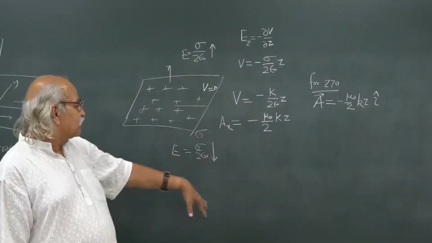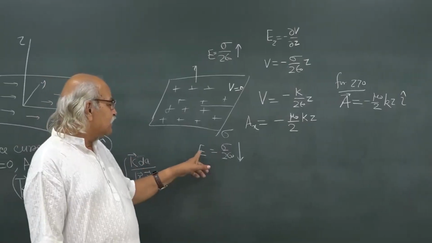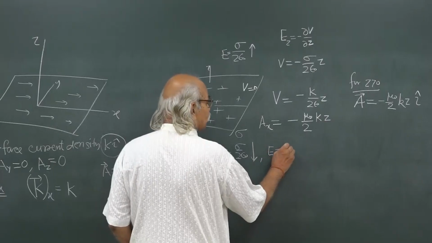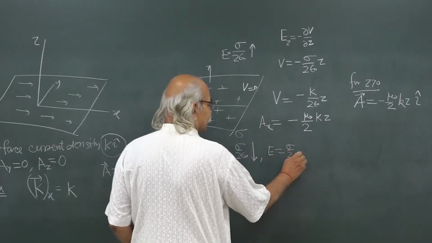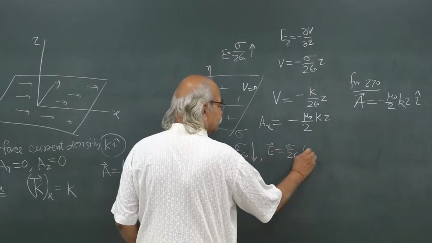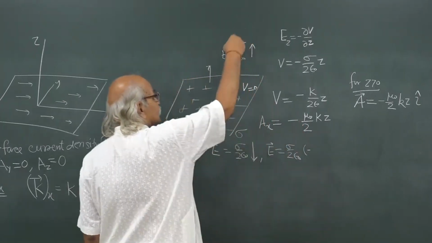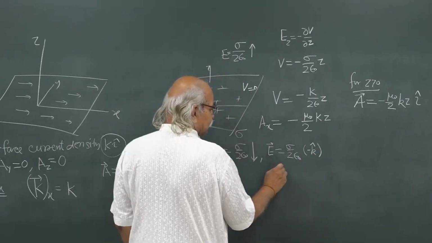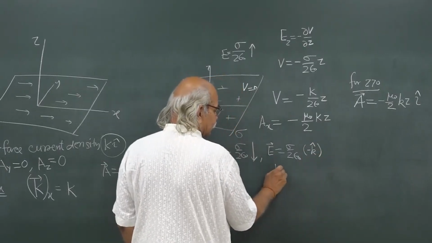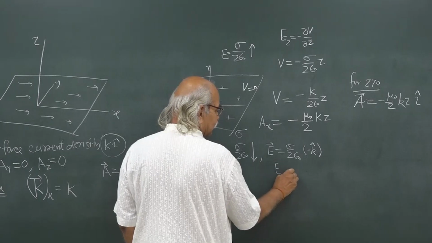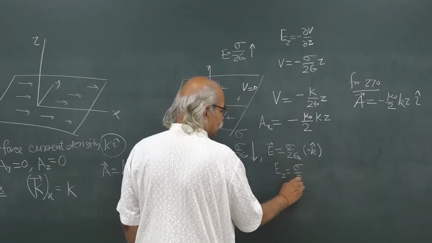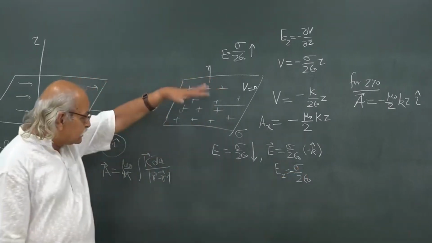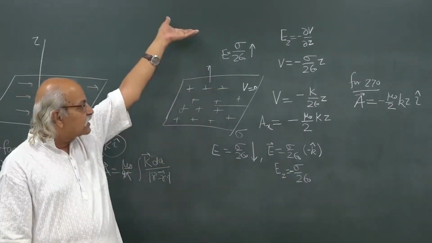Yes, come down here. The electric field here is sigma over 2 epsilon naught in the minus k cap direction. So, Ez should be sigma by 2 epsilon naught with a negative sign. The electric field is downward here, whereas above it was upward.